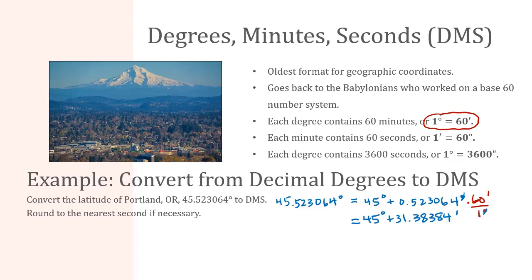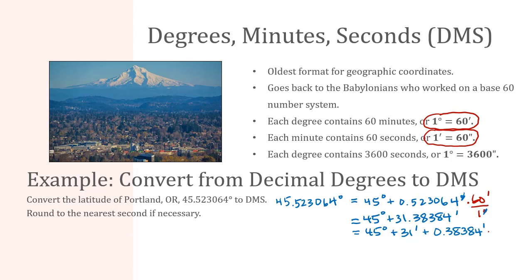Okay, so let's keep going. I'm happy with the 45 degrees. I'm happy with the 31 minutes, but I want to take care of that partial minute, which was 0.38384. I want to multiply that by something that gets rid of the minutes and gets me seconds. And so that's going to be this second conversion, that 1 minute is equal to 60 seconds.